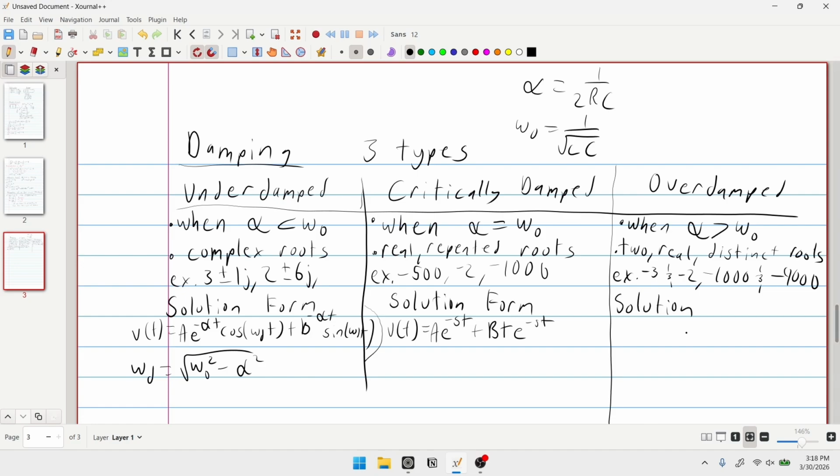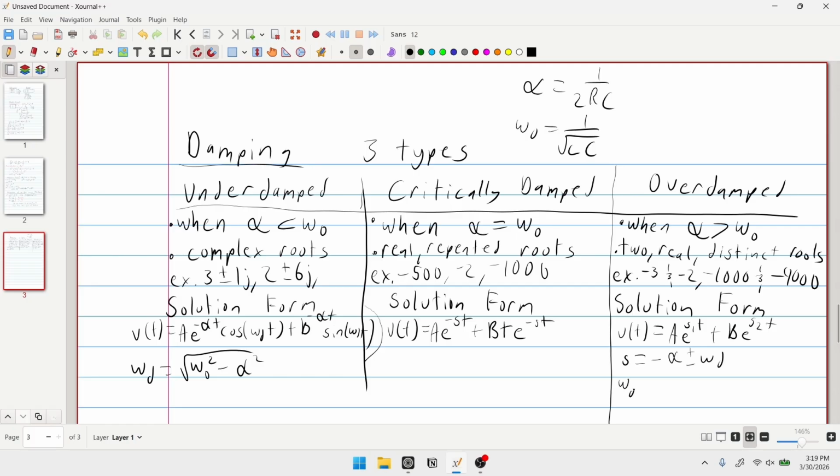This was our first case where it was simply v of t equals a e to the s1 t plus b e to the s2 t, right? Where s is equal to negative alpha plus or minus wd.